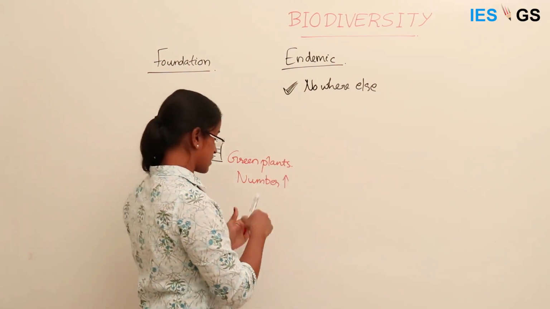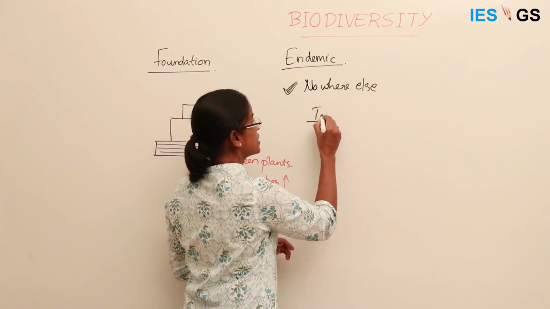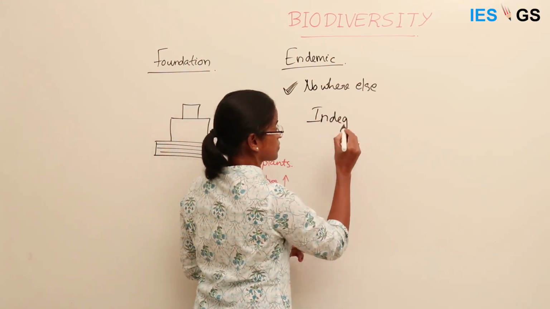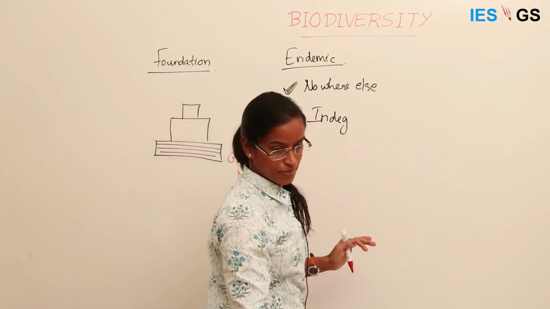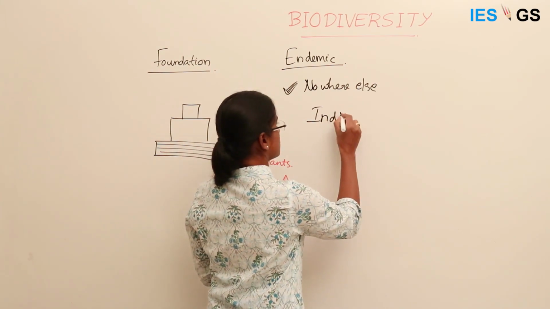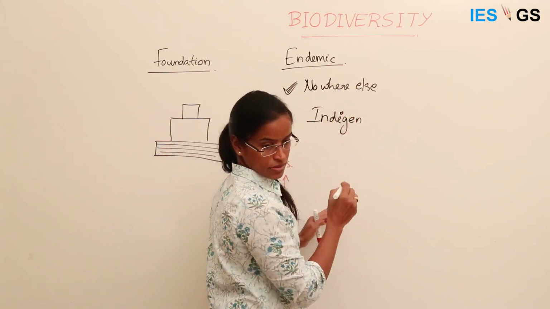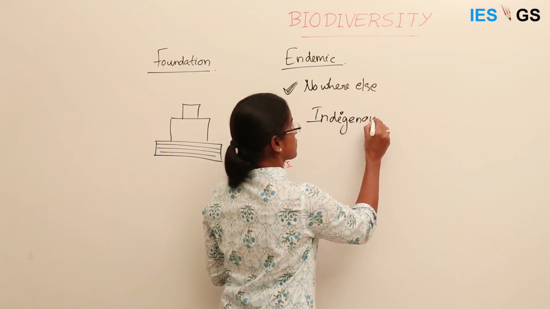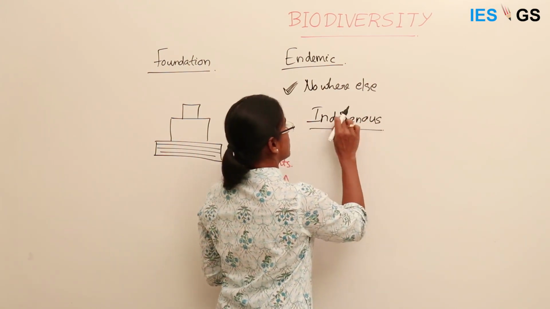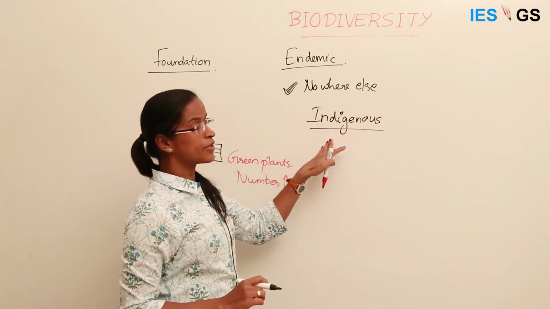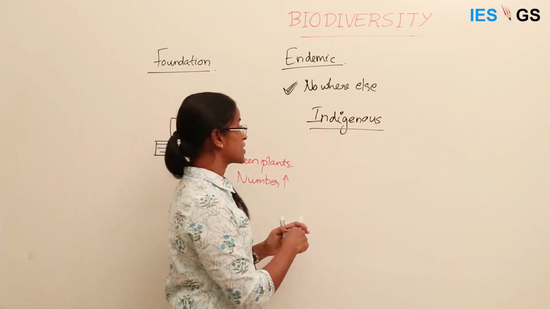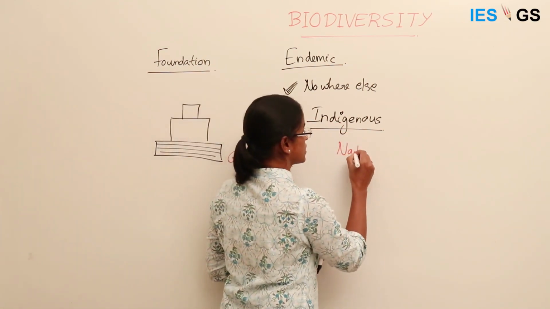And what is the difference between endemic and indigenous species? Indigenous species are those species which are naturally present in a particular region.